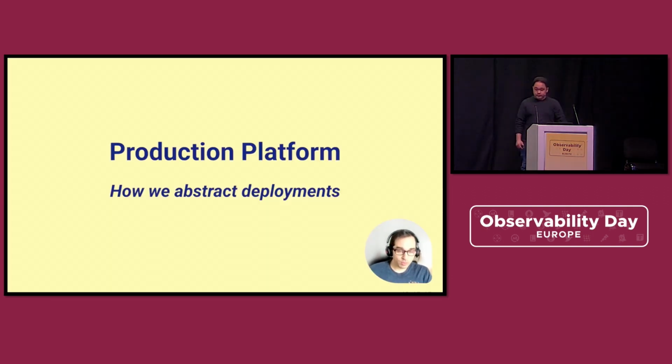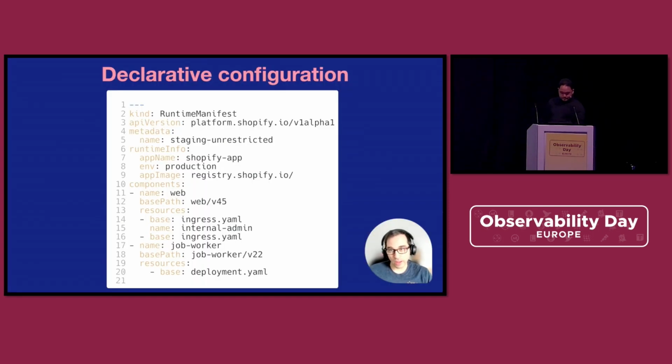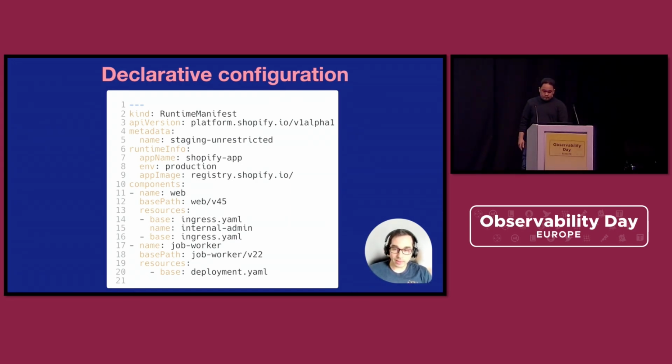So before we talk about integrating serverless into this, I just want to give a brief overview of how applications get deployed to production. For a while now, Shopify has been running exclusively on Kubernetes. We're hosted in Google Cloud. And the key difference here is that engineers don't necessarily get to write Kubernetes manifests.